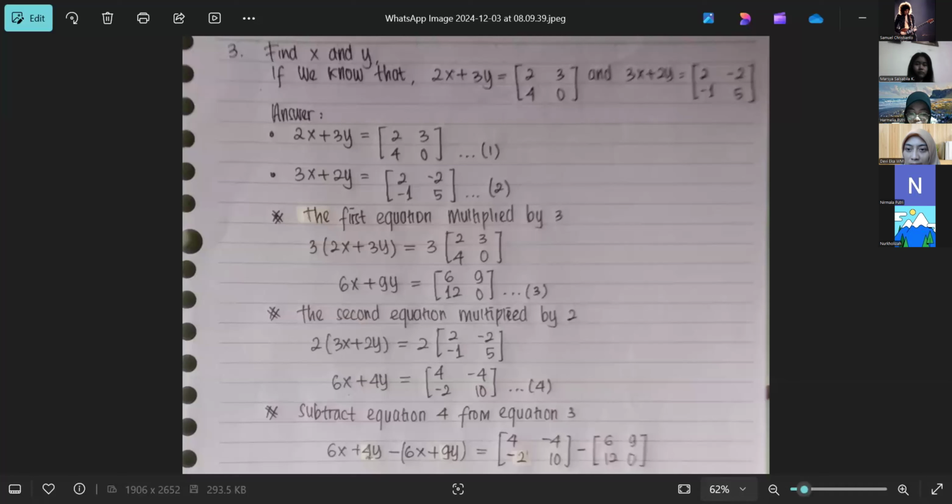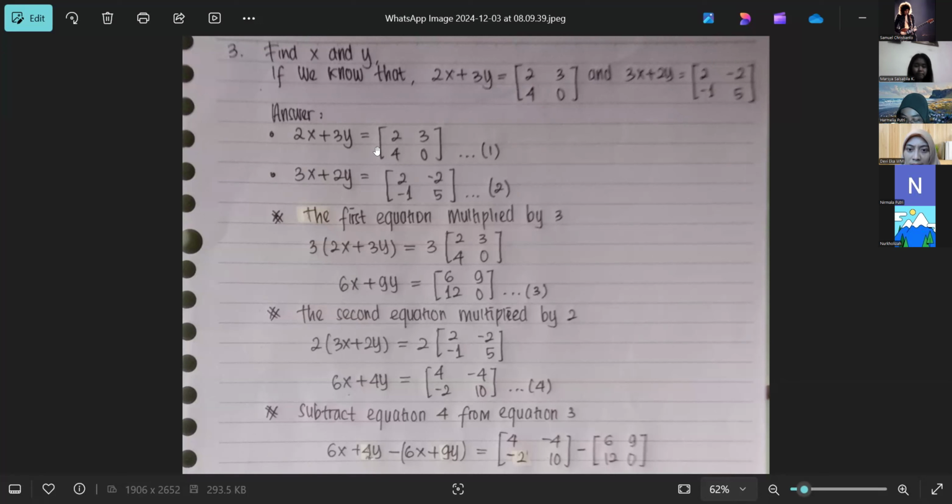So the question is find x and then y. The equation is 2x plus 3y is equal to matrix 2, 3, 4, 0, and then 3x plus 2y is equal to matrix 2, negative 2, negative 1, 5.